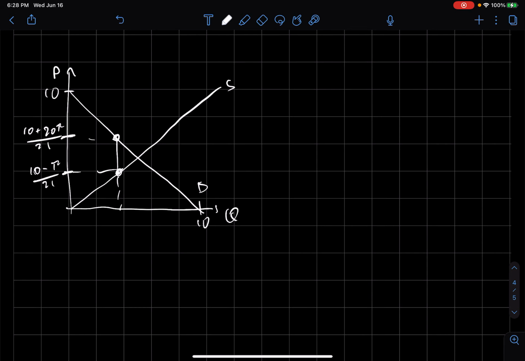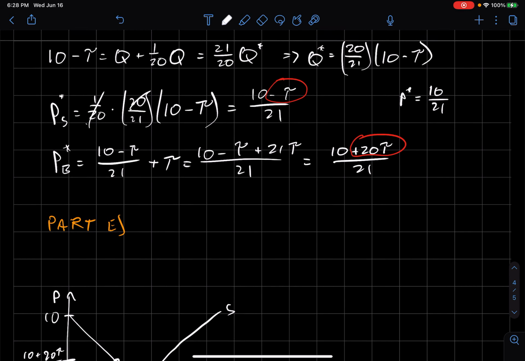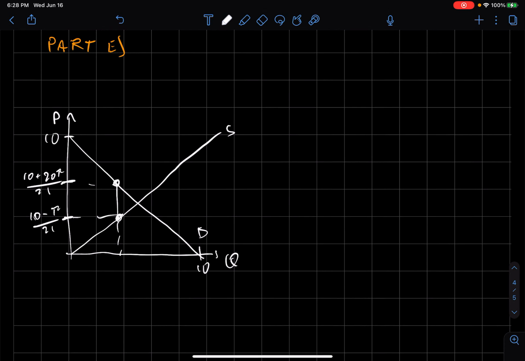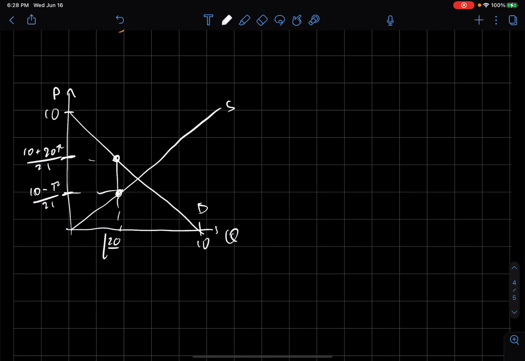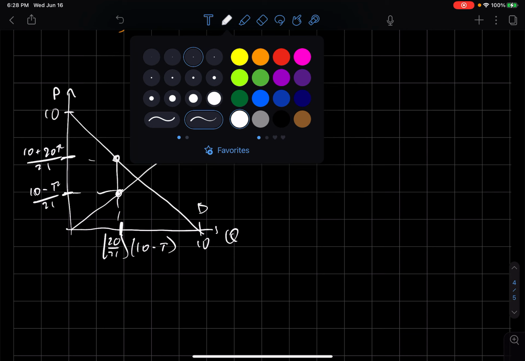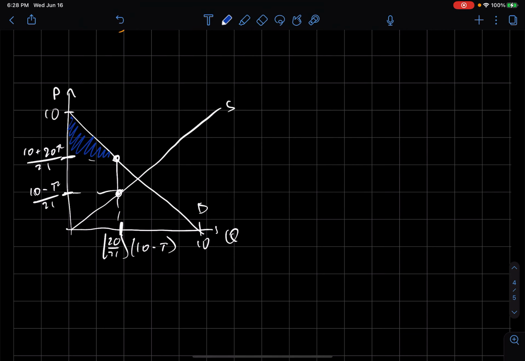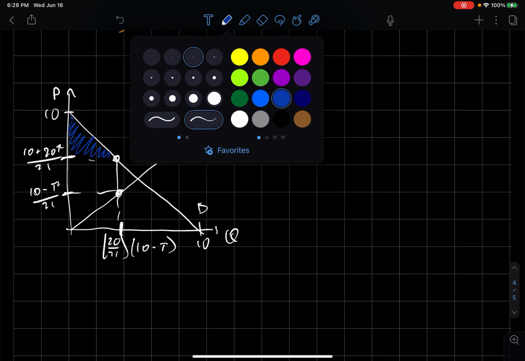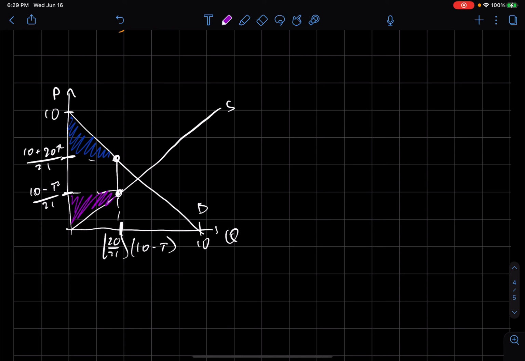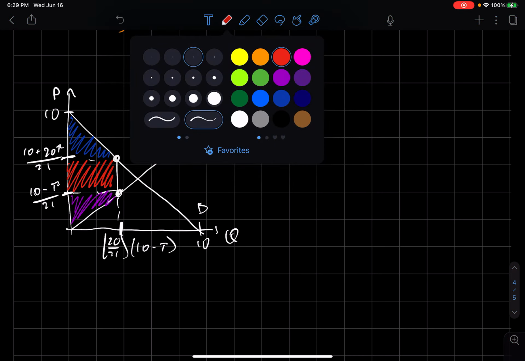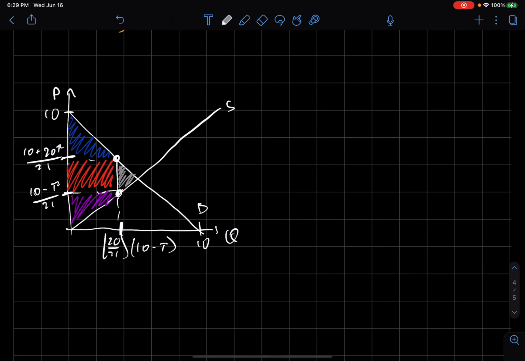And here we have 20 over 21 times 10 minus tau, which is our quantity. So our consumer surplus is this area here, and our producer surplus is this area here. Our government revenue, which we don't need to calculate, is this area, and then our deadweight loss is this.